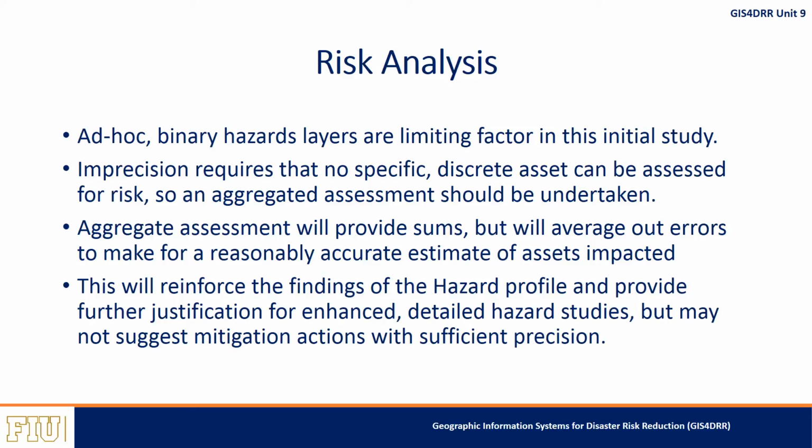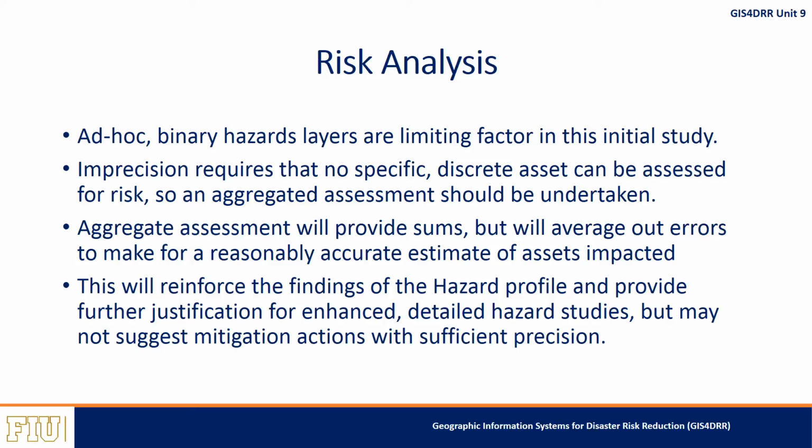But the thing about using aggregate assessments in low confidence studies like this is that the law of averages will balance out. So some things will be included that shouldn't be, and some things will be left out. And over the whole study area, these things can balance out a little bit.